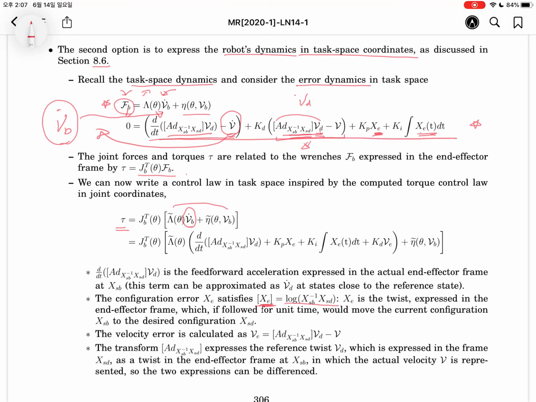So the remaining part without the V dot, this one, will be applied here. So we can get the desired acceleration: proportional control, integral control, and velocity control. So PID here. Okay, this is the desired acceleration.